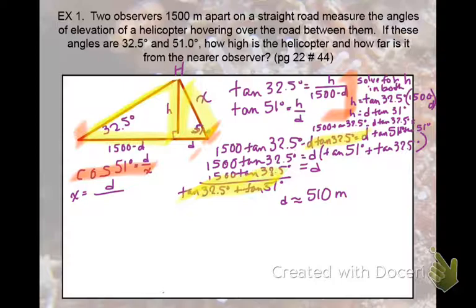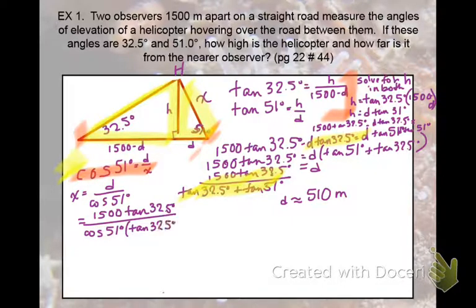But we can go back to this equation here and plug in the value of d that we found. Of course, like I said, we're going to use the exact value and plug that in the top. And there's the denominator. And if we crank that out, x is approximately 810 meters.